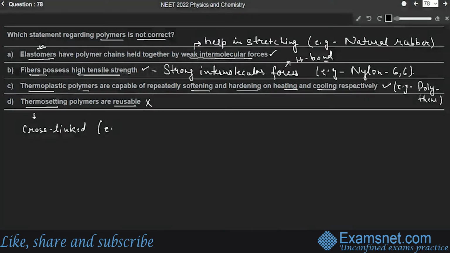And the example of thermosetting polymers is Novolac. So when we heat Novolac with formaldehyde, then it leads to the formation of infusible material known as bakelite. Okay, so this bakelite cannot be remolded or reused. Got it? So the only incorrect statement here is statement D.